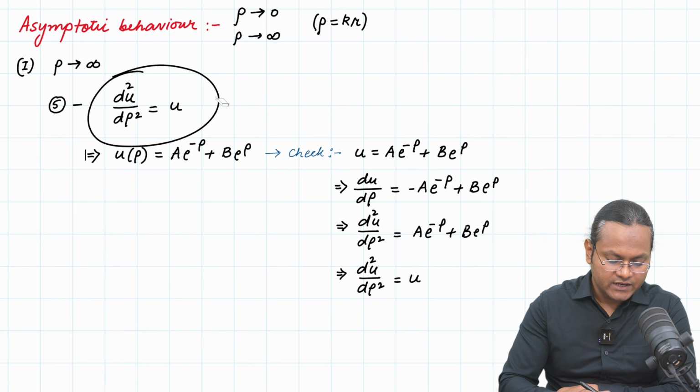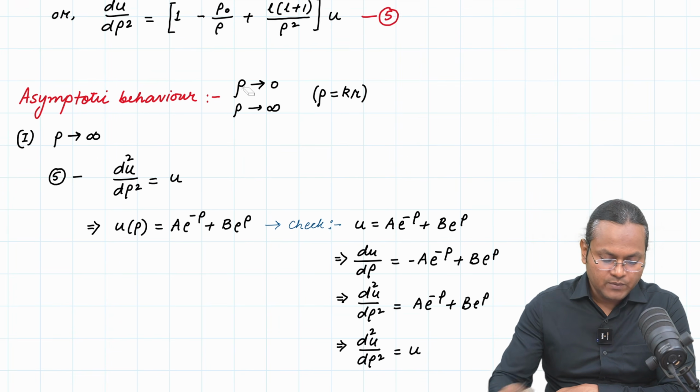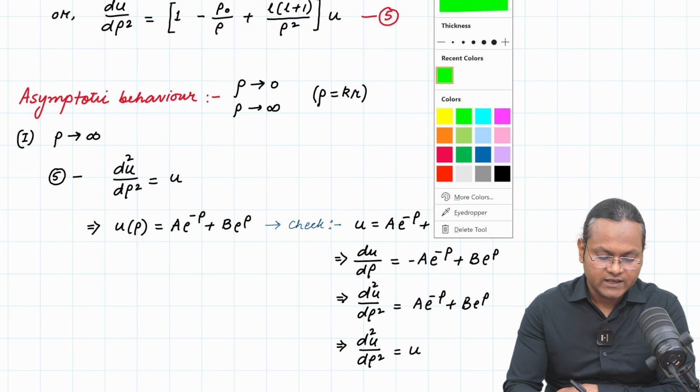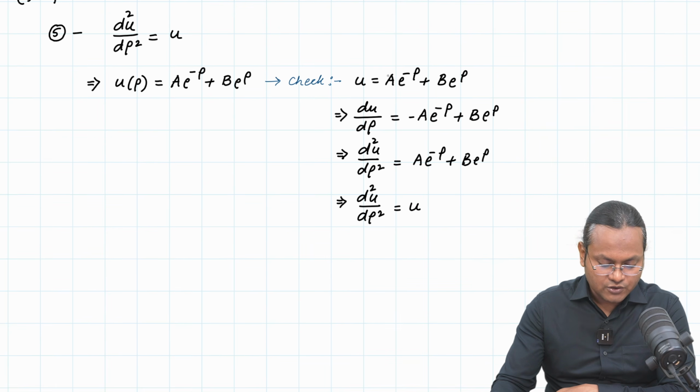As I said, we are interested in looking at the behavior of the solution at small and large values of rho, keeping in mind that rho here is directly proportional to r. So can we have a solution that looks like this at large values of r or large values of rho?